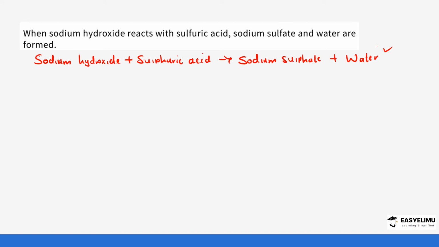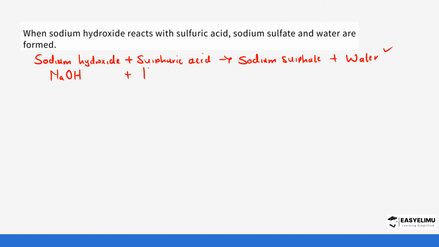So we are going to convert this into a chemical equation. So sodium hydroxide is written as NaOH. We did this in the video where we talked about making the chemical formulas of simple compounds and polyatomics. So go and check that out. Plus sulfuric acid.